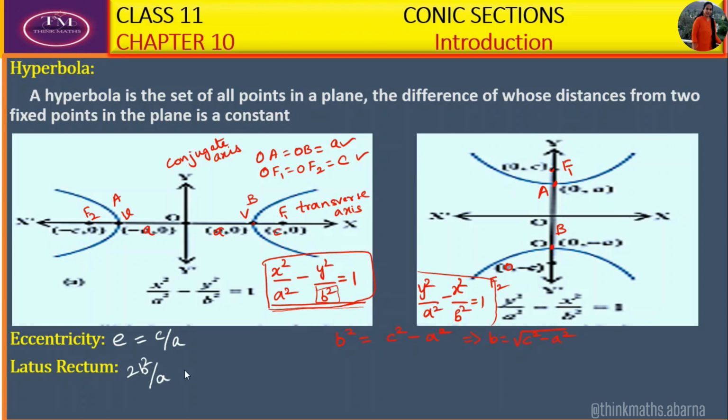So eccentricity is c by a, latus rectum is 2b square by a. These are the formulas you have to learn. You should know the eccentricity, latus rectum, and the equation of the hyperbola on the x-axis and on the y-axis. If you learn all these formulas, you can do all the problems with ease.